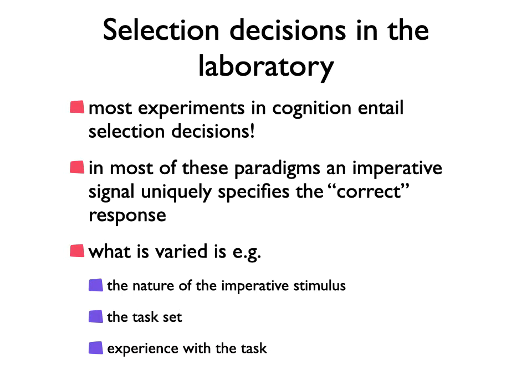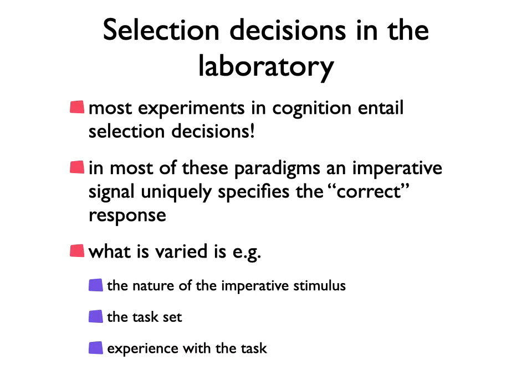And in these paradigms that are used to study cognition that way, very typically there is what we call an imperative signal. That is, there is a stimulus that really uniquely specifies what the correct response would be, and therefore you have correct, and then you have errors. And you vary different qualities of the task.